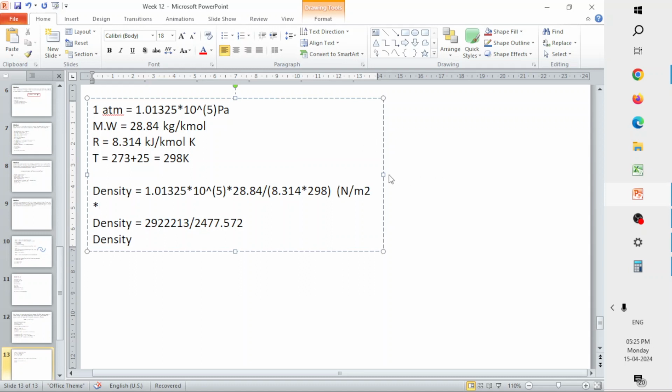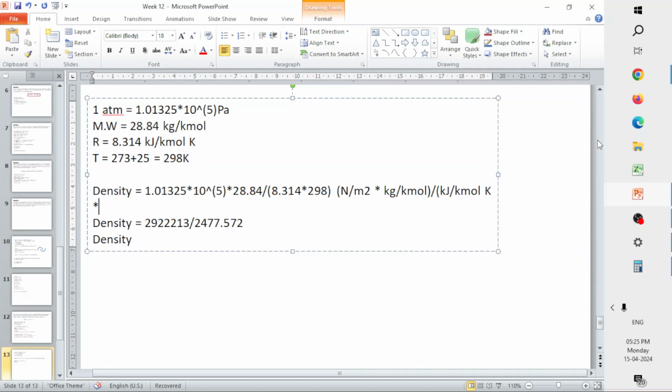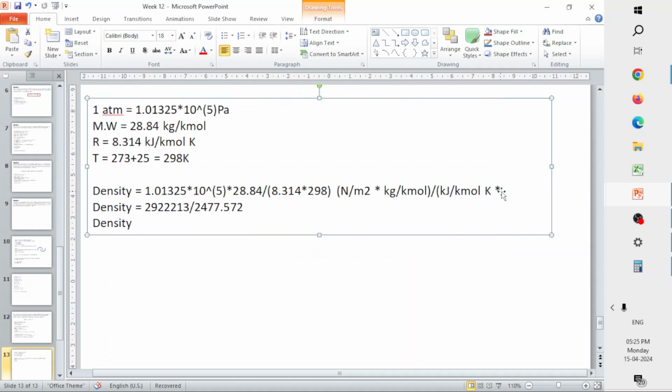And your molecular weight is in kg per kilomole, and your R is in kilojoule per kilomole Kelvin, and your temperature is in Kelvin.